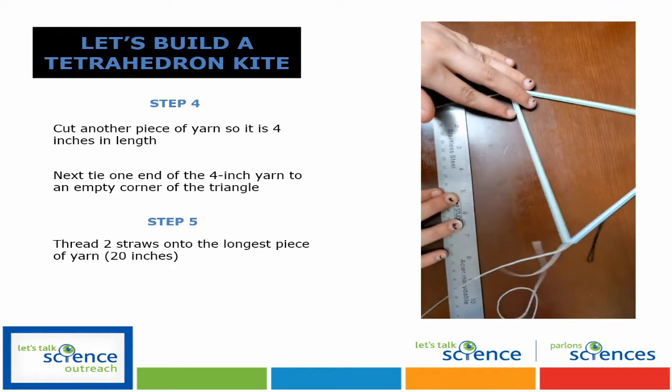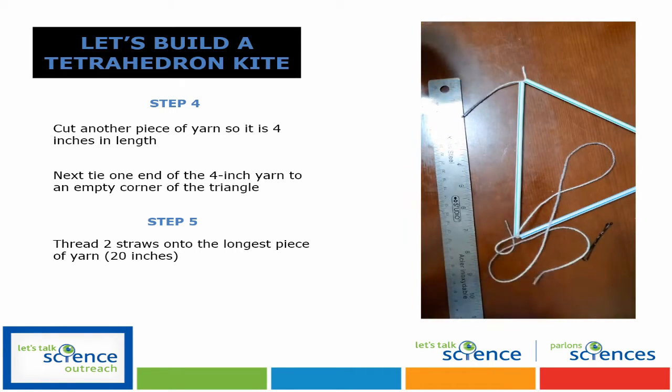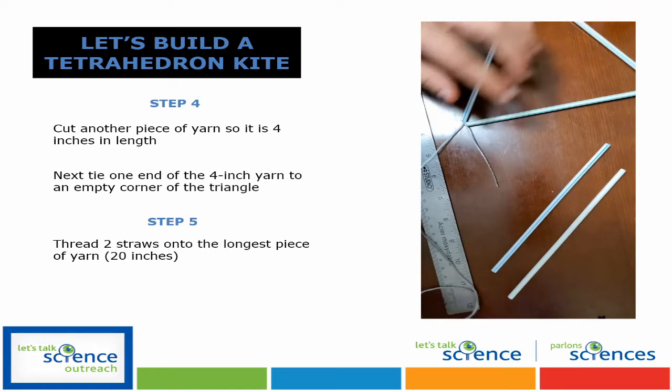Next, locate the longest piece of yarn extending from your triangle. As a reminder, this will be the piece that's about 20 inches in length.